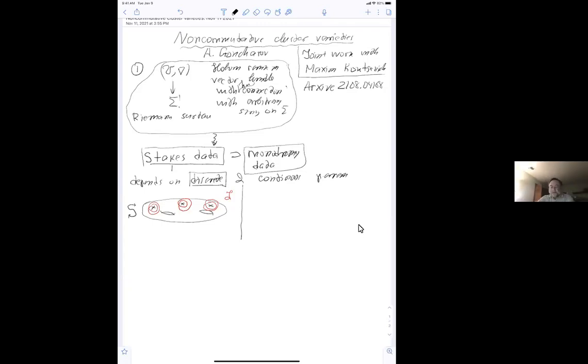The discrete data is given by some homotopy classes of some curves in the tangent space, or you can say in the tangent bundle. But the continuous data is a huge manifold. This is the moduli space of Stokes data, and this discrete data just parameterizes different components of the space.